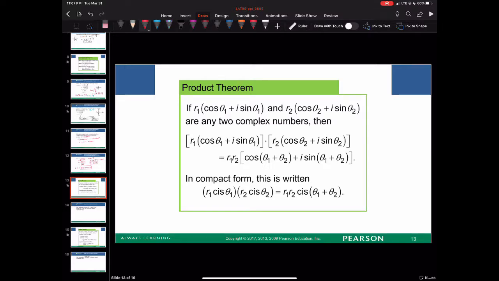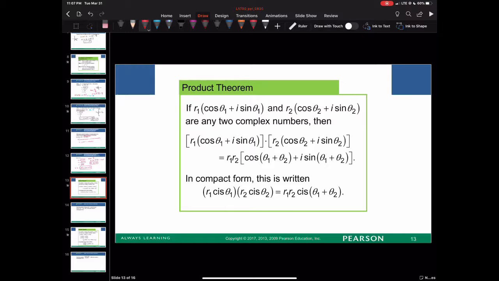Then you have the cosine of theta 1 plus theta 2 plus i sine of theta 1 plus theta 2. Or you can look at the concise form, or the compact form, which is R1 cis theta 1 times R2 cis theta 2, which is equal to R1 times R2 cis theta 1 plus theta 2.